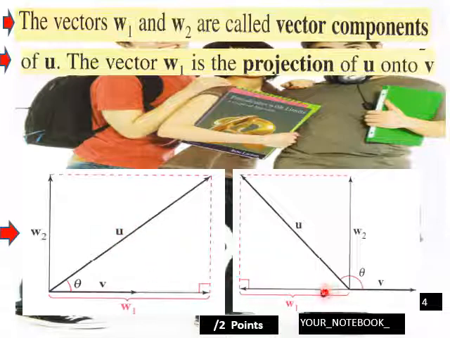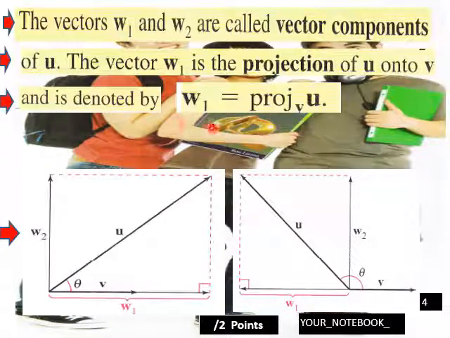W1 is a component of, and W2 is a component of, the force of U. The vector W1 is the projection of U onto V. So vector 1 here is a force of U onto V. If V is going this way, then W1 will be going the opposite direction here.